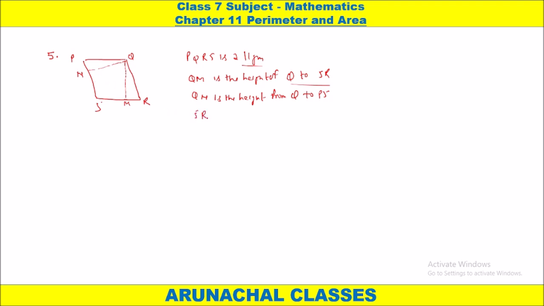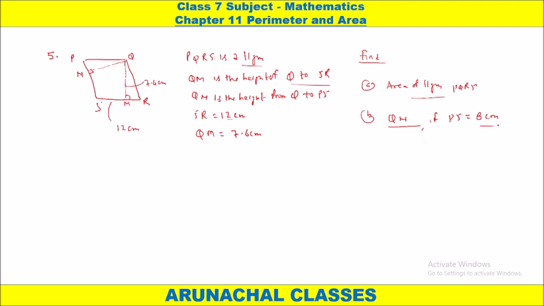If SR is 12 centimeter and QM is 7.6 centimeter, find A, area of parallelogram PQRS, B, QN if PS is 8 centimeter.